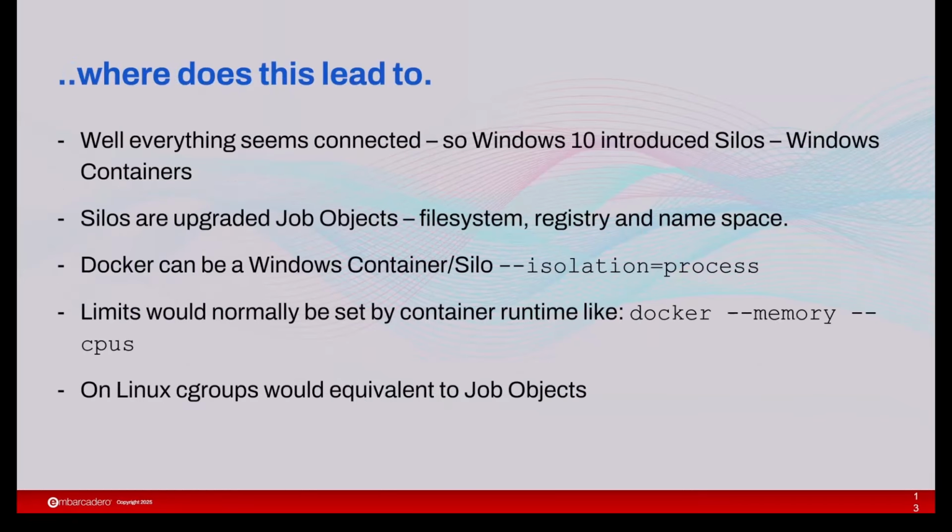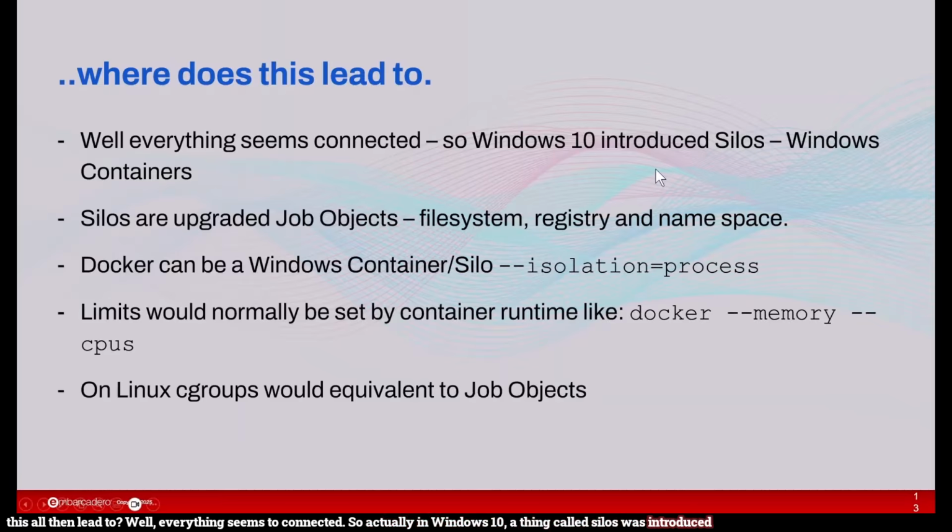So where does this all then lead to? Well, everything seems to be connected. In Windows 10 a thing called silos was introduced, also called Windows containers. And silos are just the upgraded job objects.